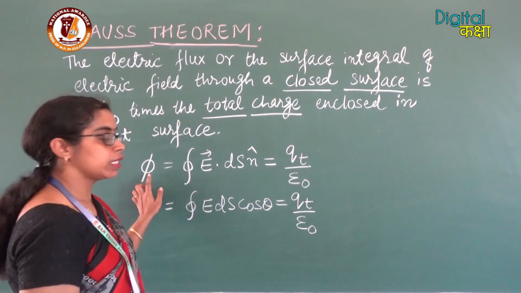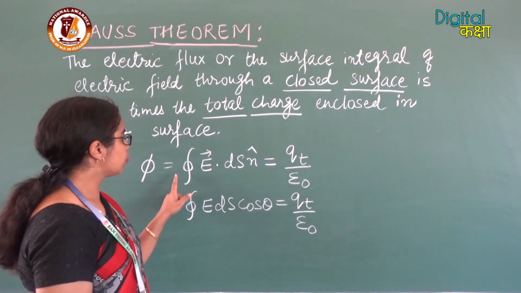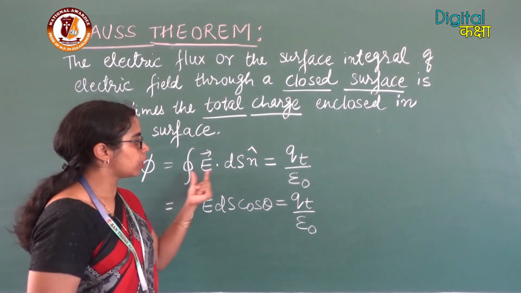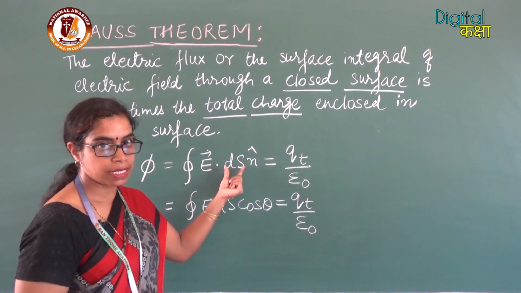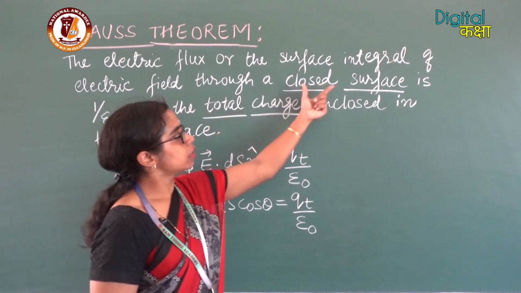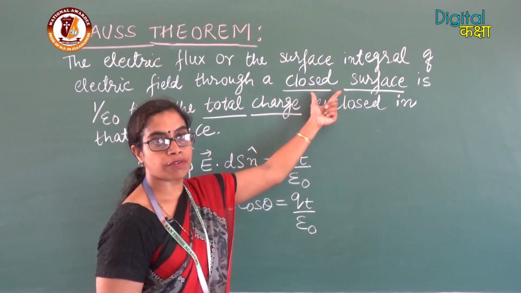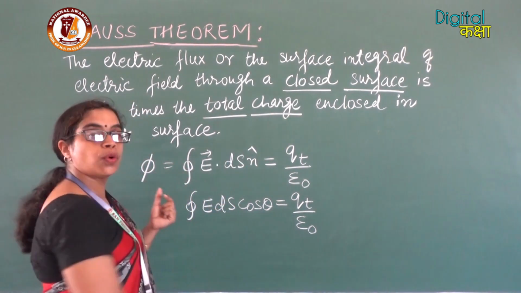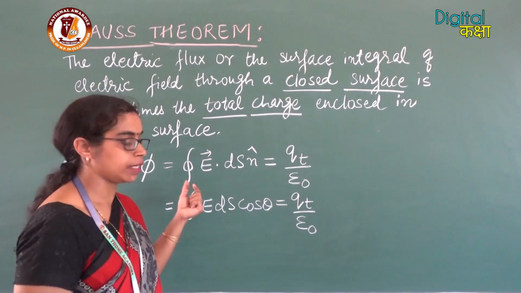Here phi, that is electric flux, is equal to the integration. Since the integration is taken over the surface, that is ds, and here the surface should be a closed surface, for that reason we are marking a circle over the integration sign.